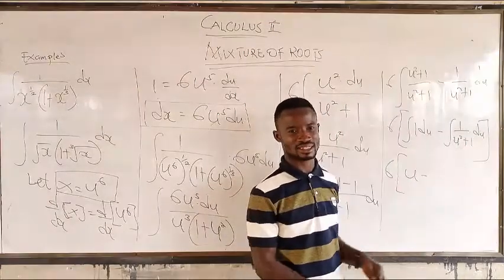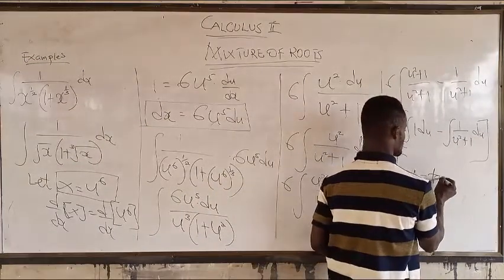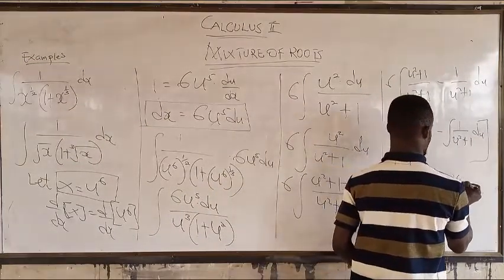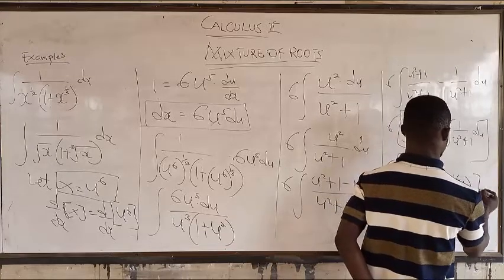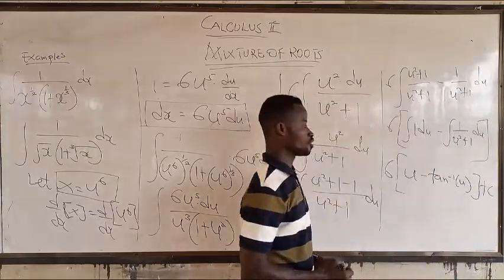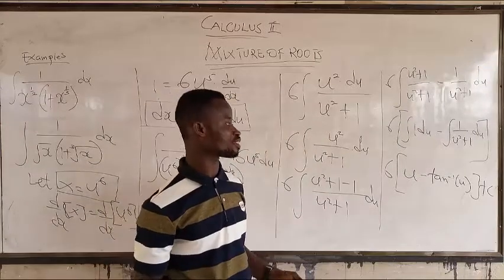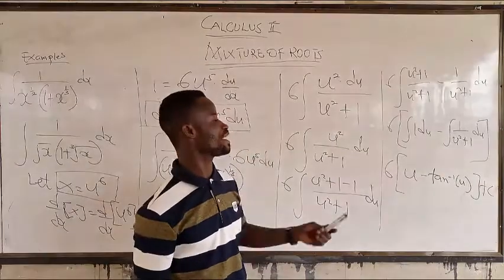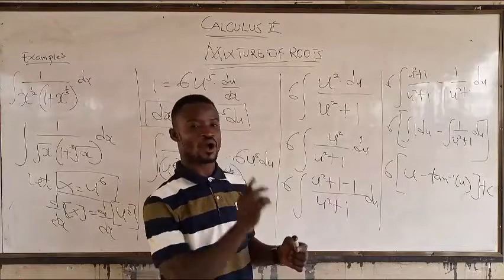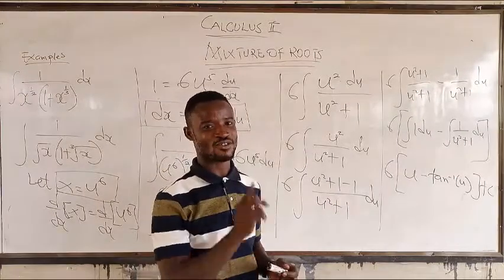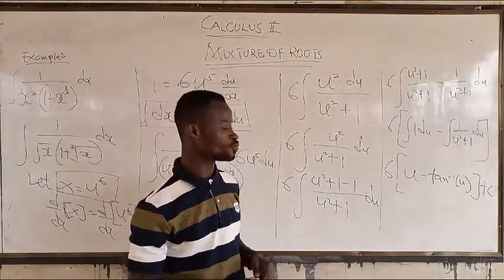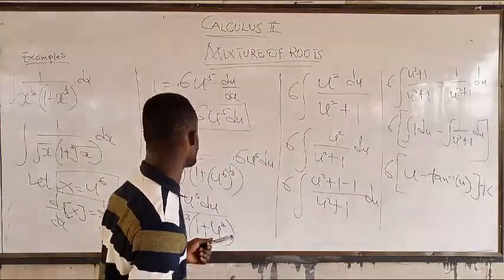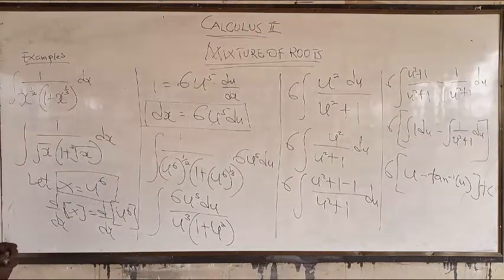This is just tan inverse. So this is tan inverse of u plus c. So we get the tan inverse of u plus c because the a there is 1. So even if you take 1 over a, it's still 1 over 1, which is 1. So tan inverse of u. But we know that our u is, wow, where is our u?